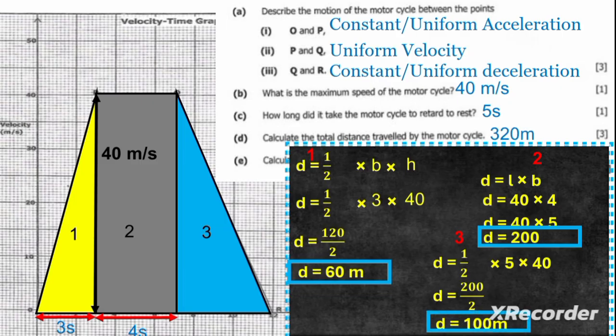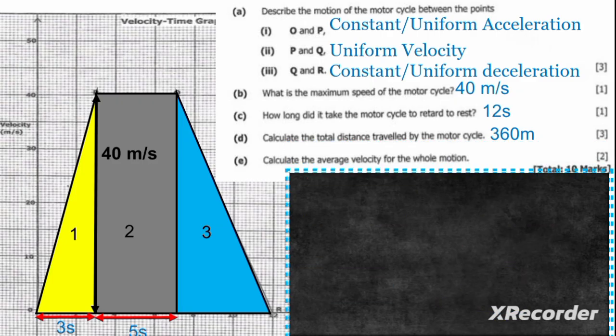So our answer here is 320. We are not supposed to have 5 here; we're supposed to have 4. Our answer is 320. We are done with this question.